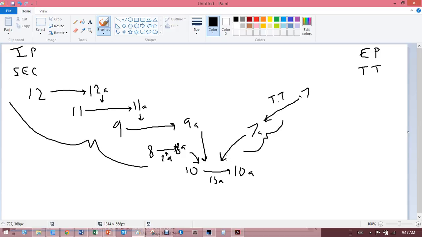Now 10A is the thing that changes 2 into 2A. Another name for 2 is prothrombin, and 2A is also known as thrombin. That process from 2 to 2A also requires 5A.